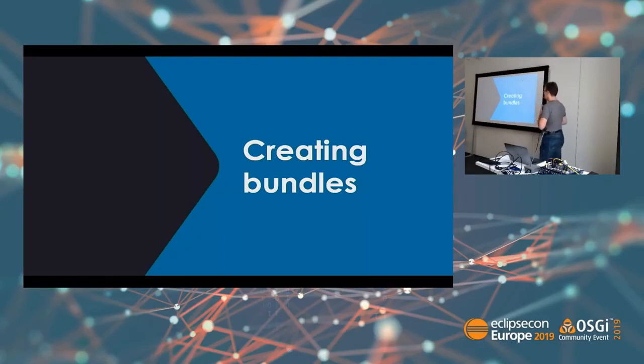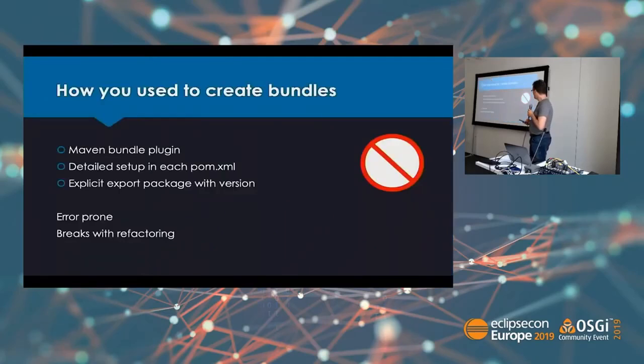So the first thing is about creating bundles. This is always the first step in OSGi. It used to be quite difficult. Nowadays it's rather simple, and with some recent improvement it has become even simpler. Most of you might be already familiar with the Maven bundle plugin and how it is used in many projects already today.